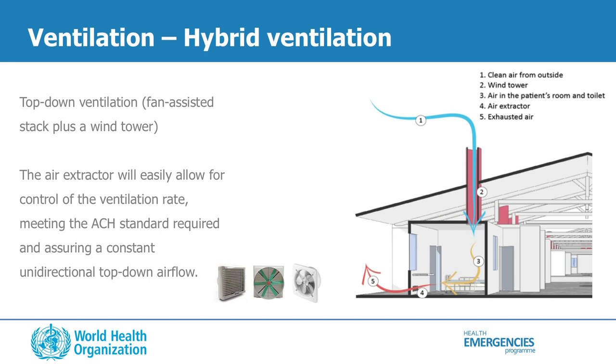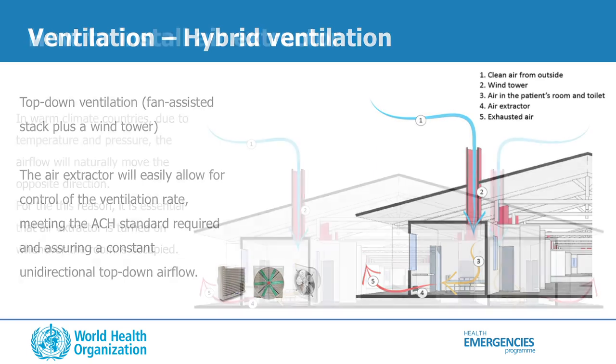Airflow should always move from clean to more dirty zones and in a top-down direction in order to reduce the risk of nosocomial infection. Using an air extractor will easily allow for control of the ventilation rate, meeting the air change per hour standard required and assuring a constant unidirectional top-down airflow.